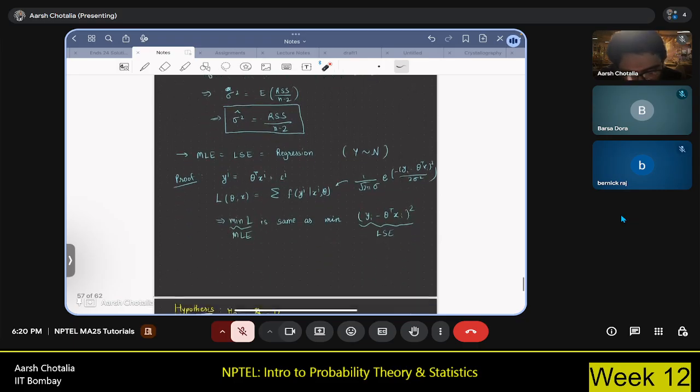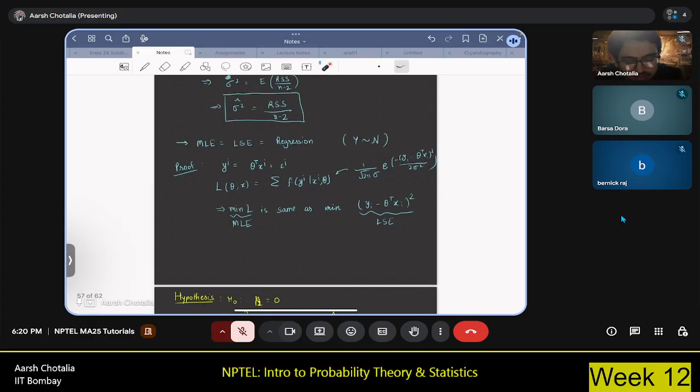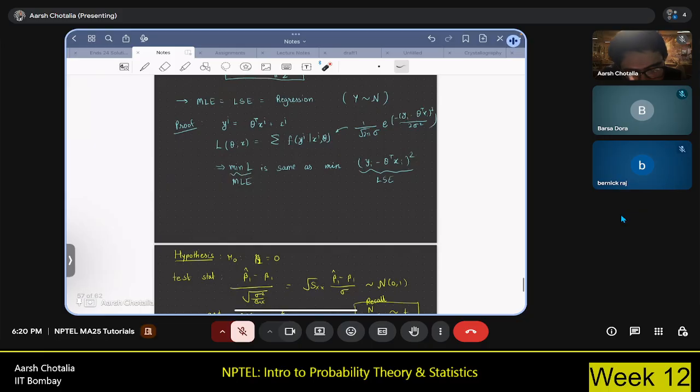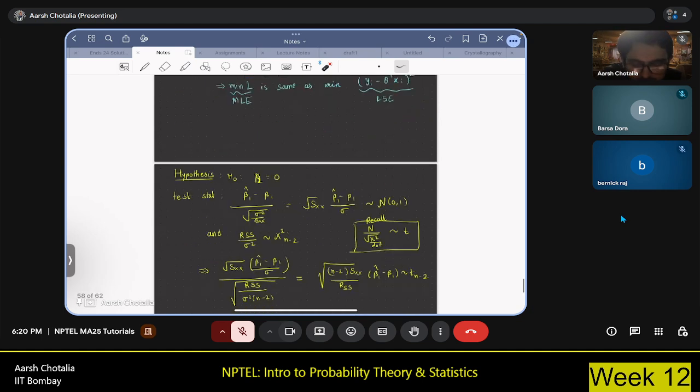And one take home message, which is a theorem, is that maximum likelihood estimation and least square error both give the same answer, the same estimator for beta naught cap and beta 1 cap, if y is following normal distribution, which is generally the case. The reason is that the likelihood function is inverse exponential of this thing, and so the log of L is proportional to this thing, which is exactly your squared error.